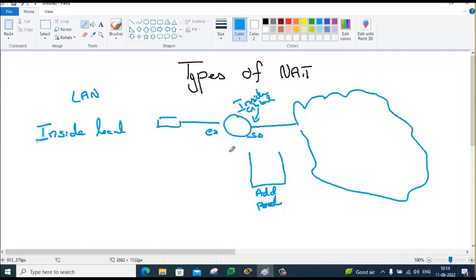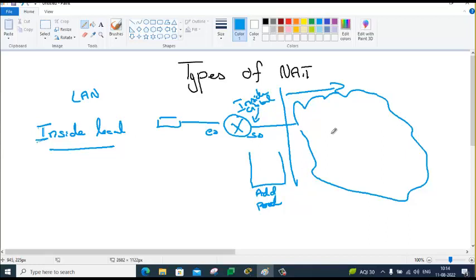Because that belongs to our router, the IP address belongs to it, so it is still inside. Now anything from here is outside. So the translation of inside local address to inside global address is what is called NATing.